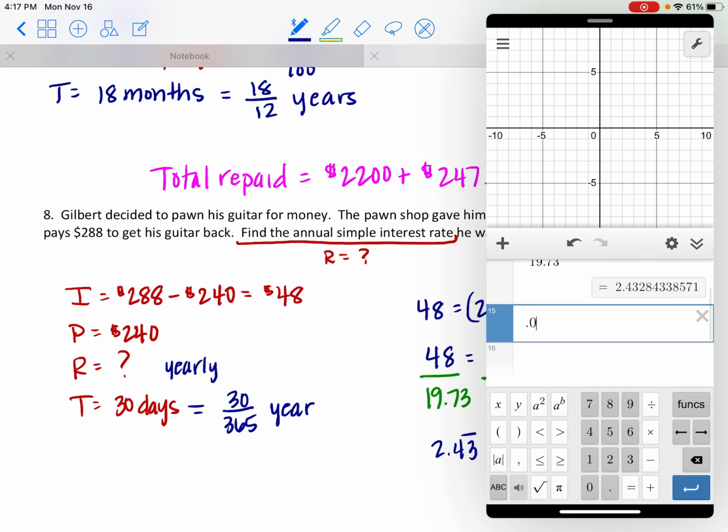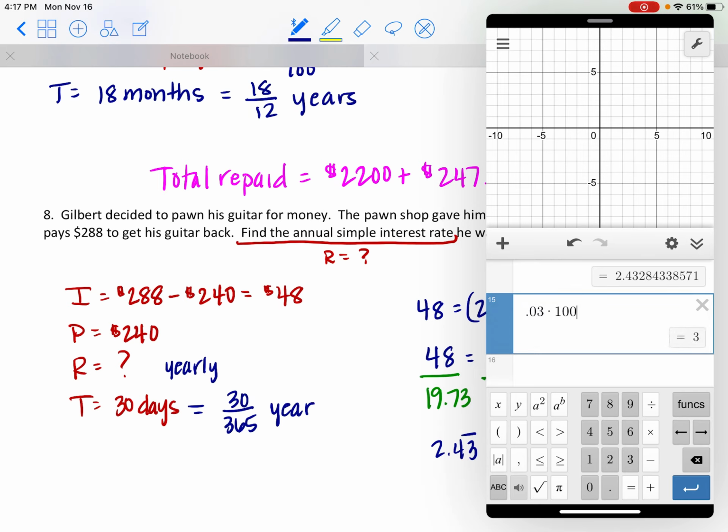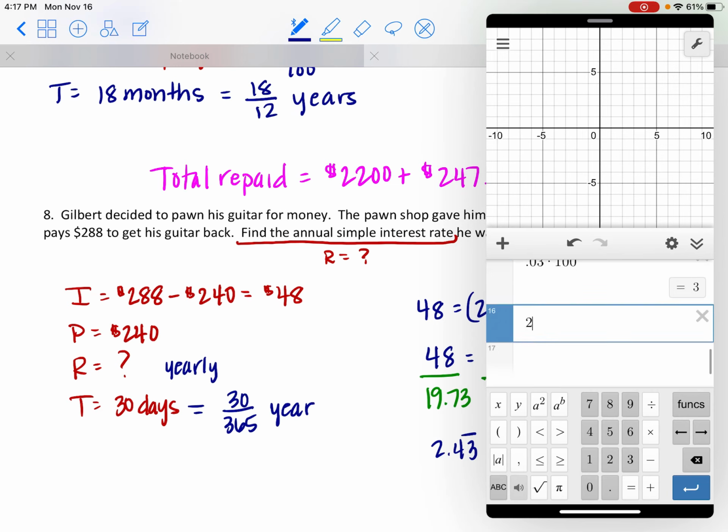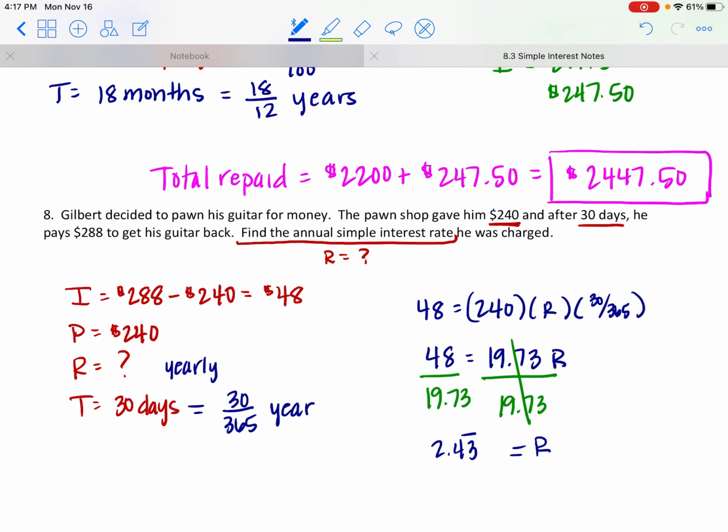If it was 0.03 times 100, there's 3%. So if it's 2.43, if we multiply that by 100, we're looking at 243.3 repeating, technically, percent, which is astronomical, okay?